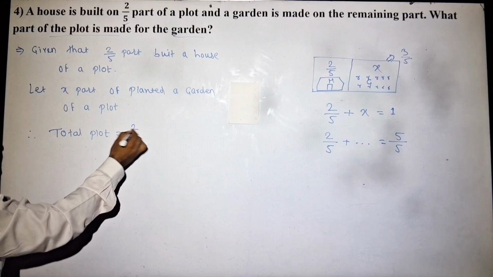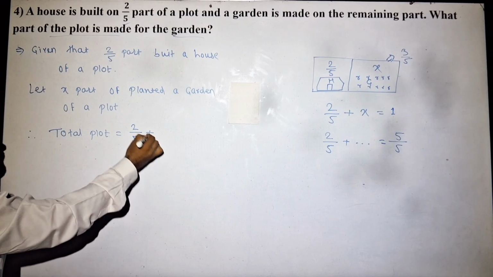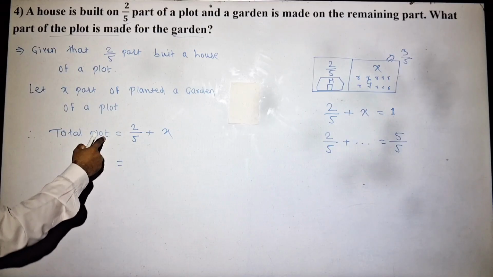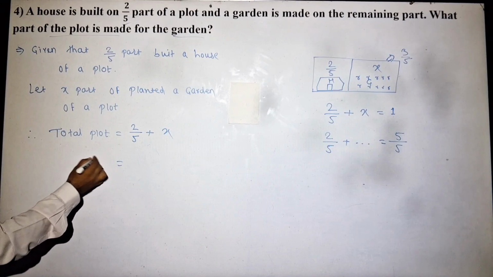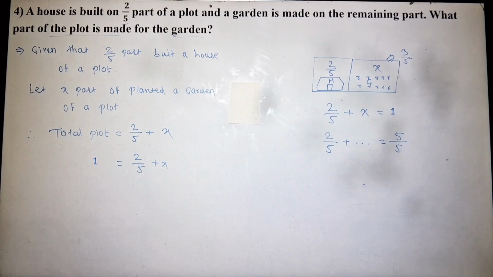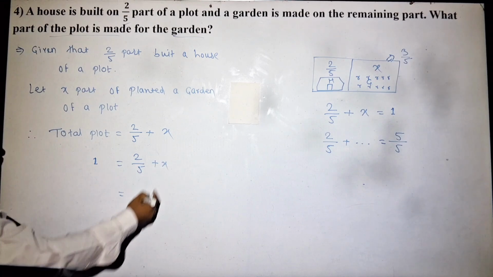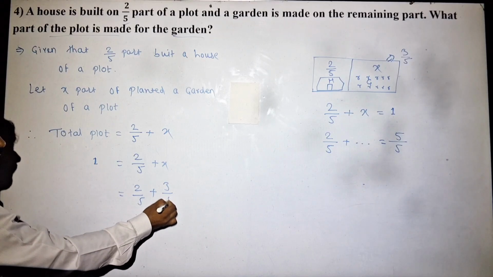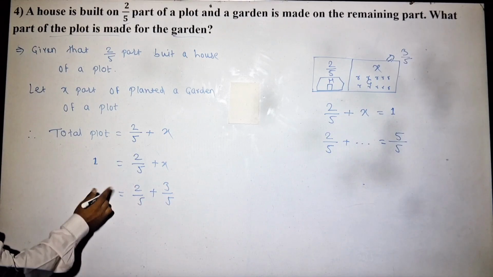That means 2 by 5 plus x, which is equal to the total plot, 1. Here we put the value, 3 by 5, 2 plus 3 is 5.